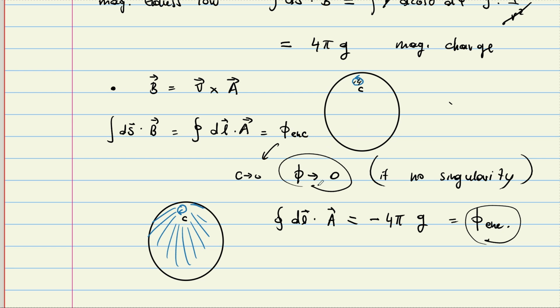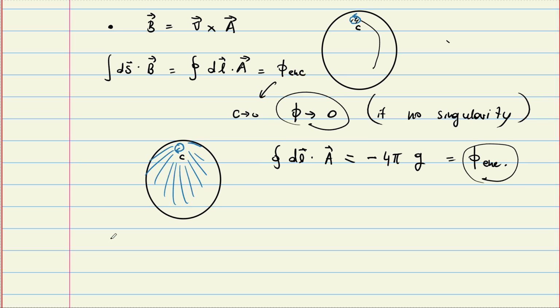Otherwise I cannot reconcile. If the surface of the sphere is smooth at every point, this one and this one have to be the same. But as you can see, as I take this loop and go up to cover the entire sphere, something is changing. Then that loop has to pass through a singularity. This calculation is telling us, at least screaming at us, that there is a singularity.